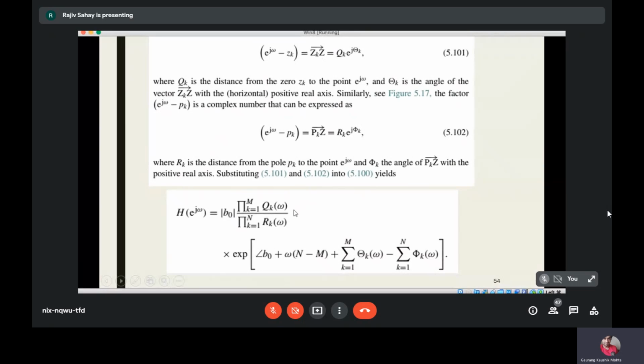So you can get the product of these vectors and again the product of these vectors, and then you have the full term here. So the angle capital theta k and the capital phi k come in the phase response. So this is a nice expression by which you are able to simplify those complex factors, and you have now understood it in terms of vectors and angles. So this was a nice thing that I wanted to talk about today.